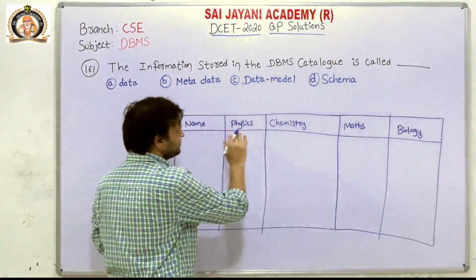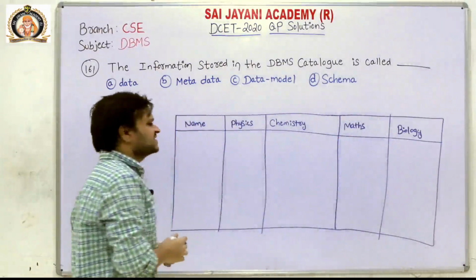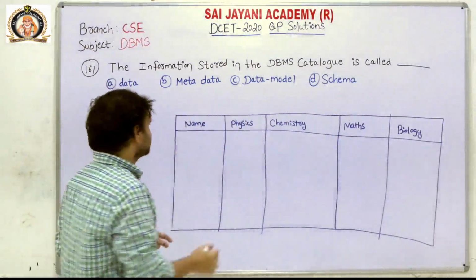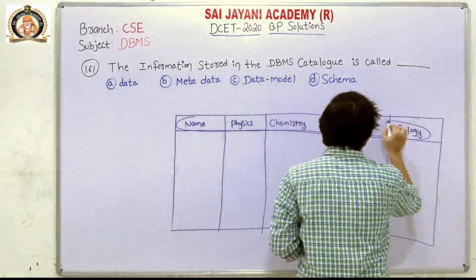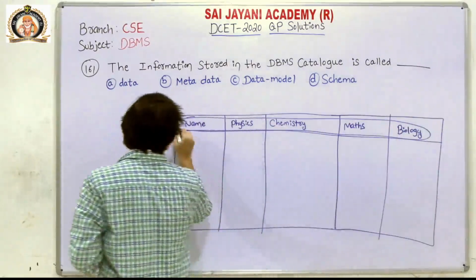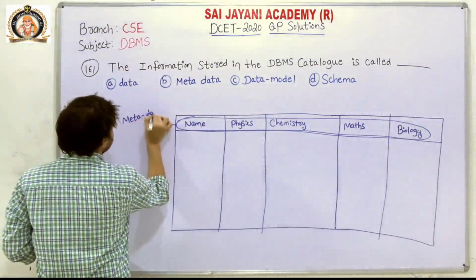Here name, physics, chemistry, maths and biology are called attributes, and these are also called metadata.